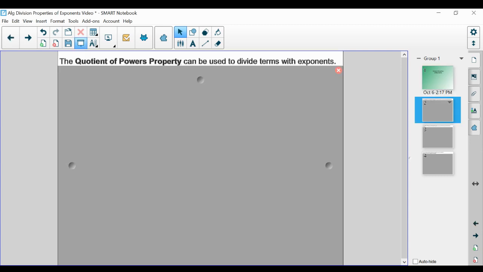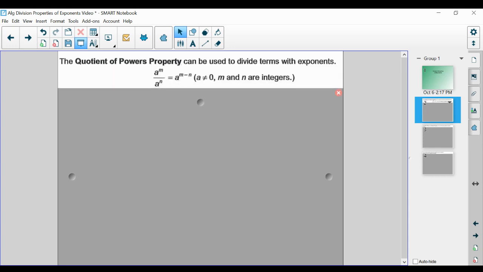On the front page, we're going to talk about the quotient of powers property. We can use that to divide terms with exponents. In the algebraic representation, if we have a to the mth power divided by a to the nth power, that's also equal to the base of a to the m minus n power, assuming a is not 0 and m and n are integers.